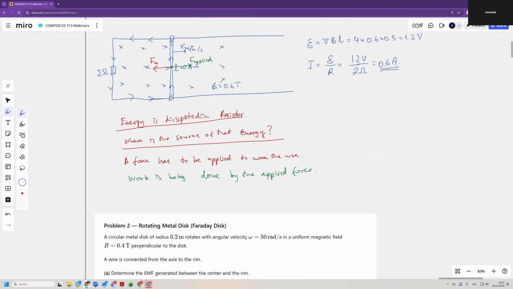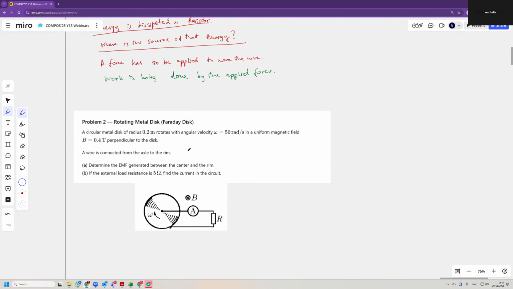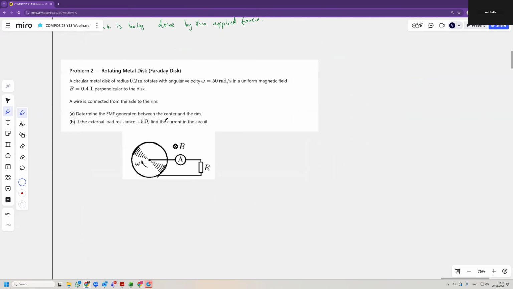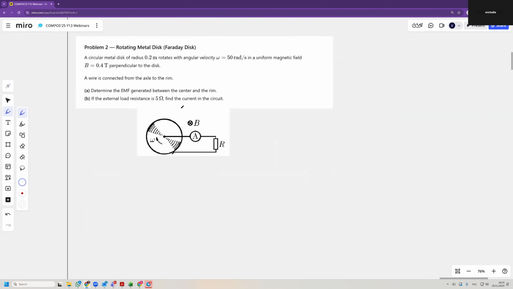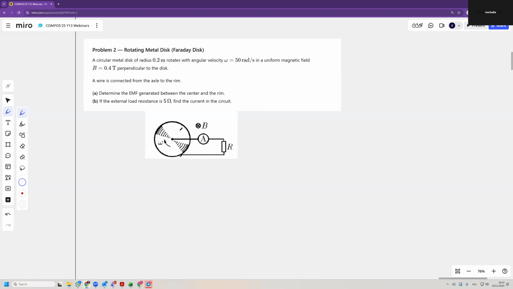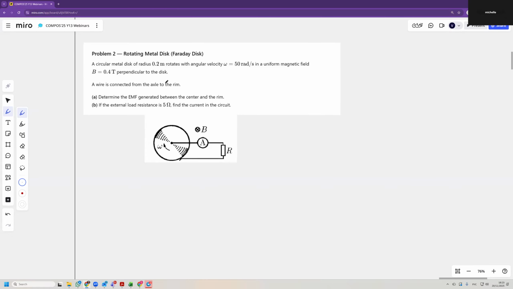Problem two, and this is a fun one. I actually enjoy this one very much. A rotating metal disc is a Faraday disc.